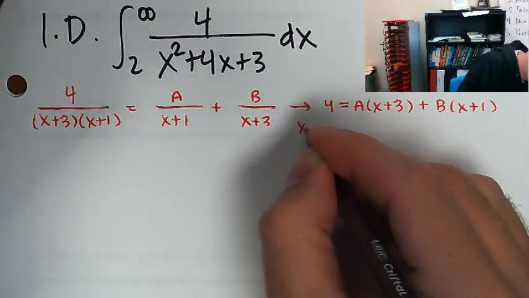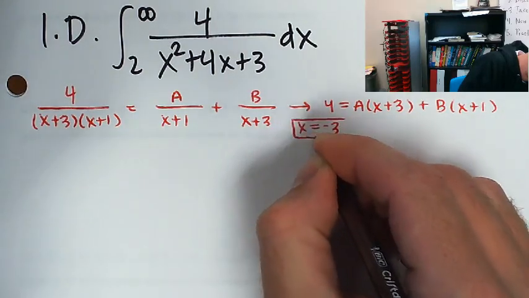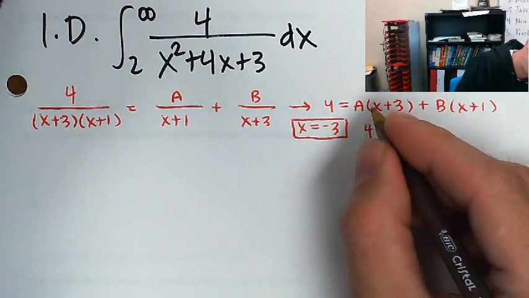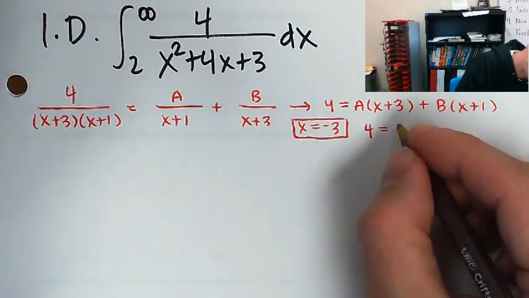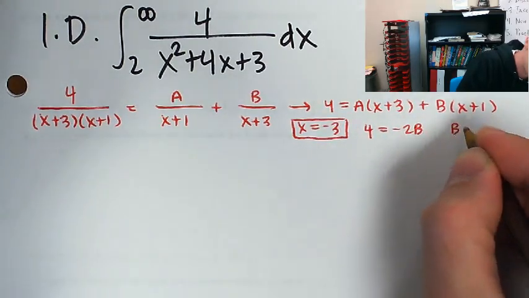Okay. When I let x equal negative 3, I get 4 equaling 0 and negative 2b. Okay, so that means b is negative 2.